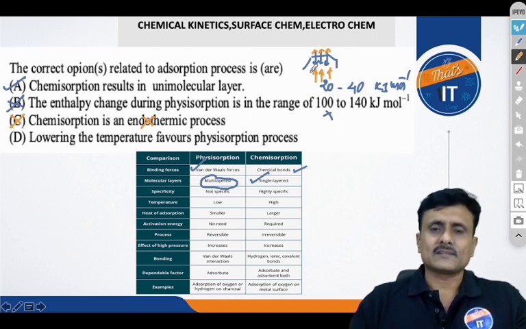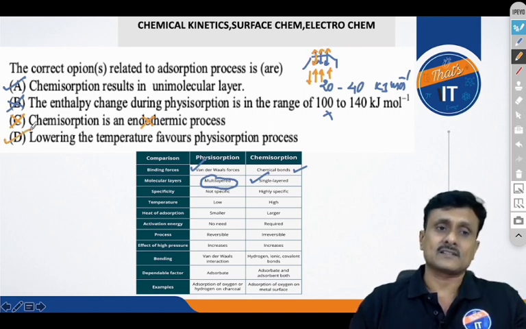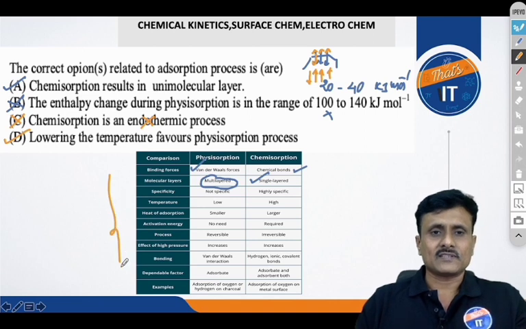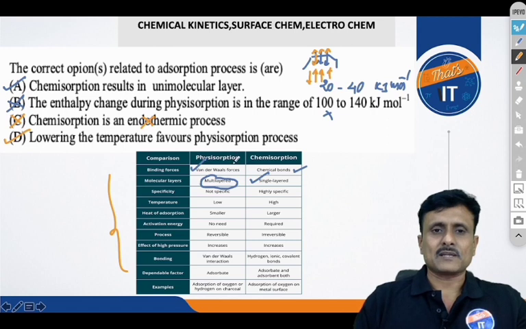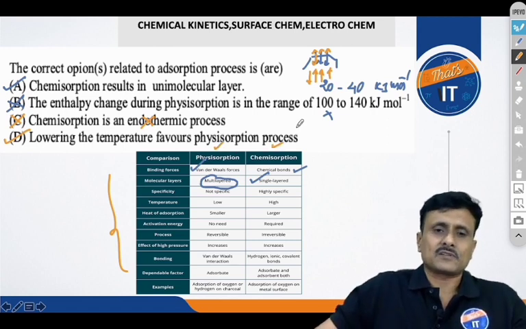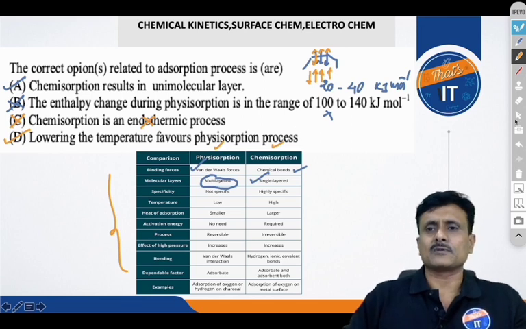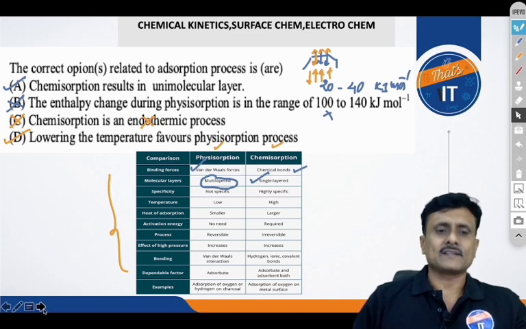So when you decrease the temperature, the gas tends to sit on the surface. Therefore, this is the correct statement. As you can see, the parameters related to physisorption and chemisorption are mentioned and distinguished between these two adsorption processes, right? So I want you to go through the table also for reference. So this is an easy question for which the answers are A and D.